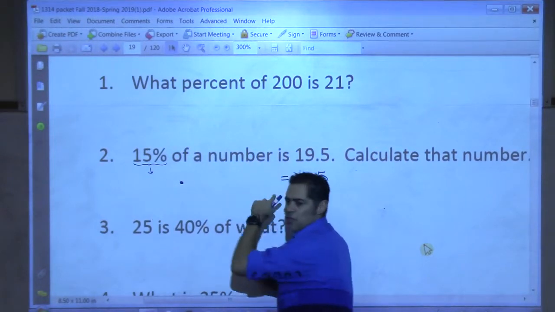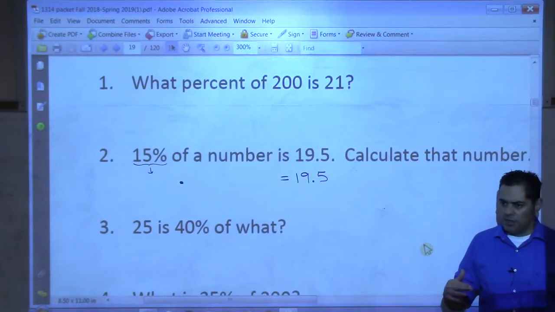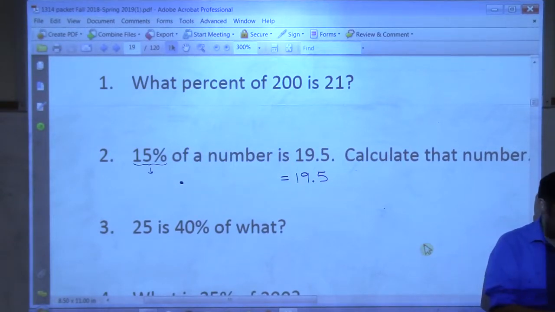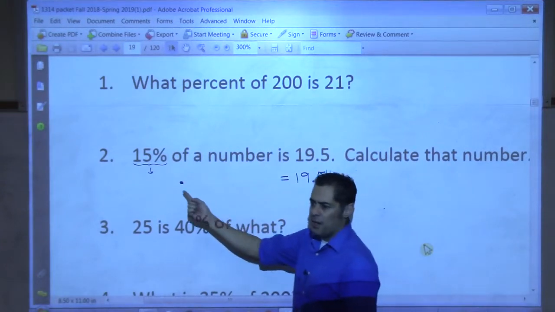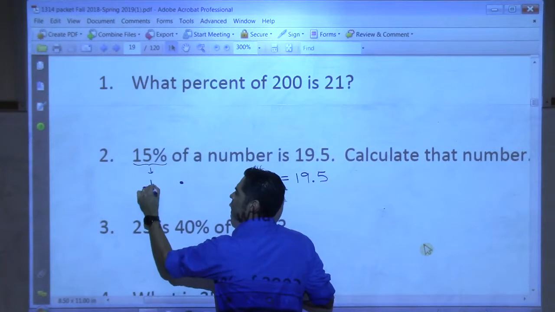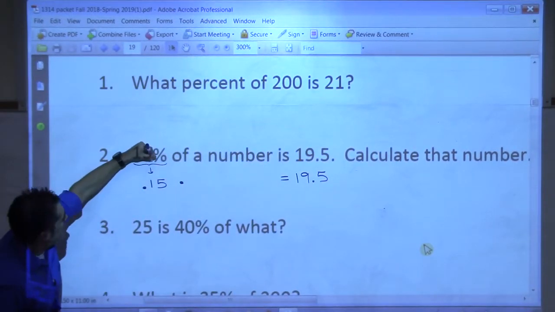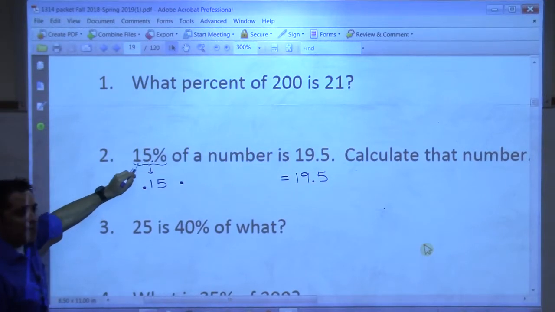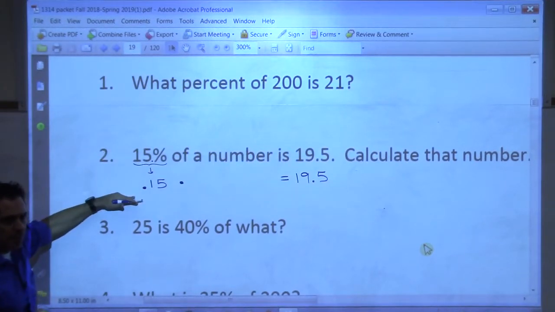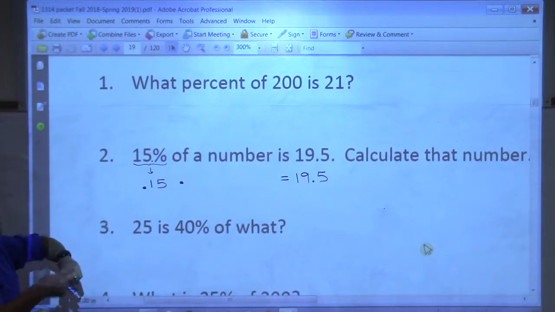When you're writing the equation out, you cannot write it as a percentage. You have to convert it back to a decimal. So instead of writing 15% here, what would I write? 0.15. When we go from a percentage to a decimal, we move the decimal point to the left 2. When we go from a decimal to a percent, we go to the right 2. So we're reversing what we just did.